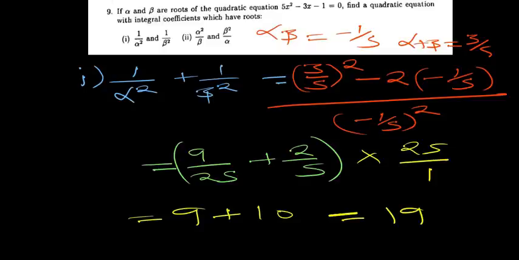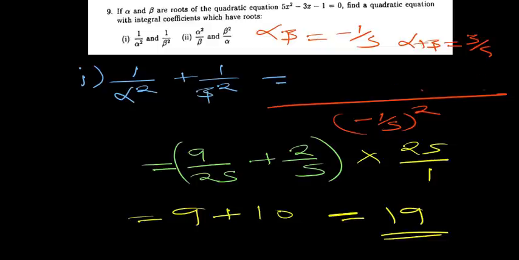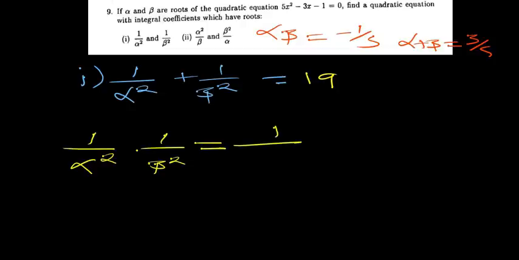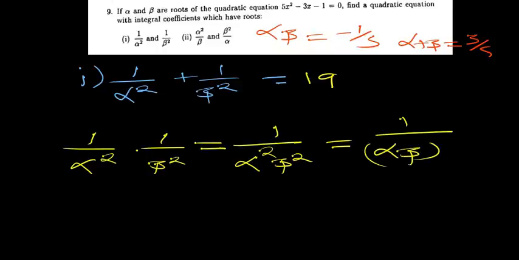Okay, so the addition is equal to 19. And then the product, 1 over alpha squared multiplied by 1 over beta squared, is going to be 1 over alpha squared beta squared, which we can express as 1 over alpha beta in brackets squared.